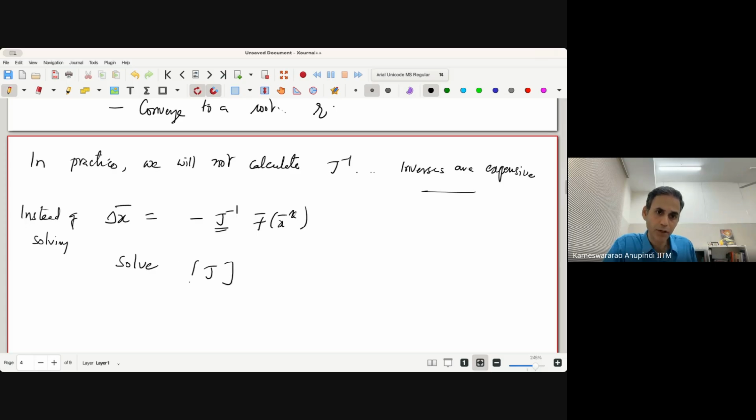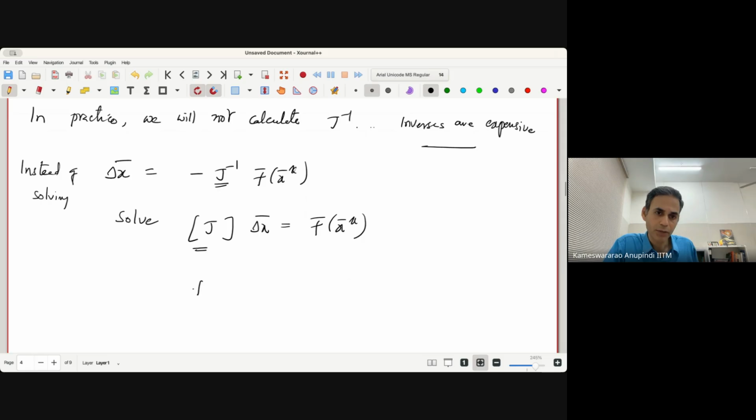That means we're going to solve for J times delta x bar equals minus f bar of x bar k, where J is f bar prime of x bar k, times delta x bar equals, there is a minus, minus f bar of x bar k.